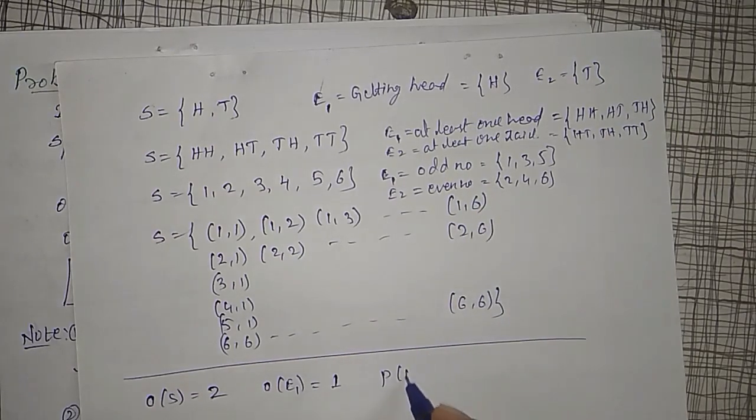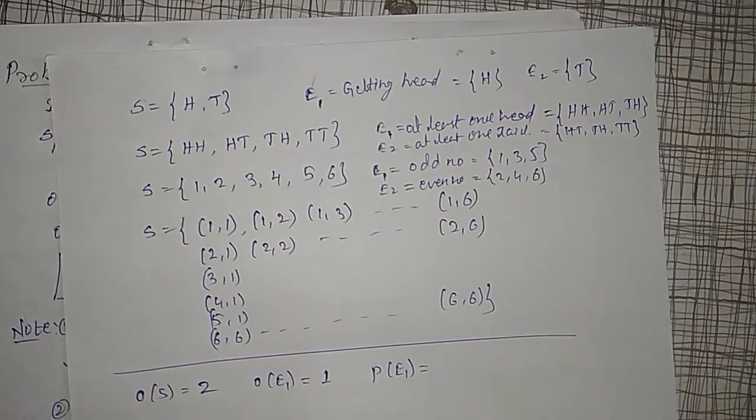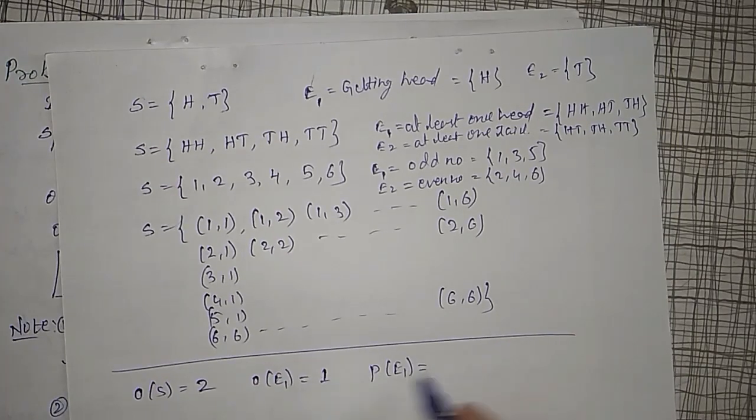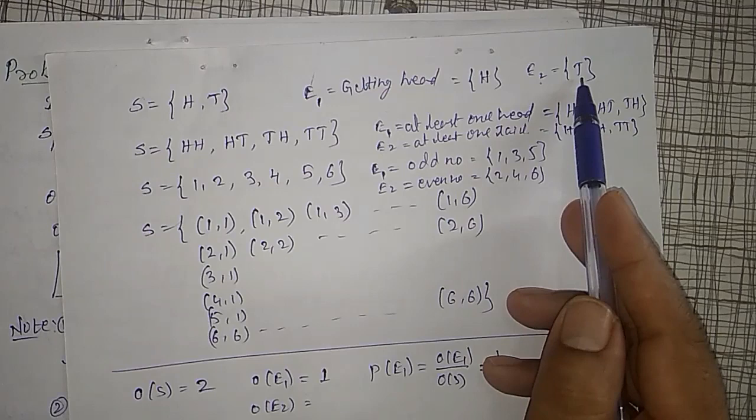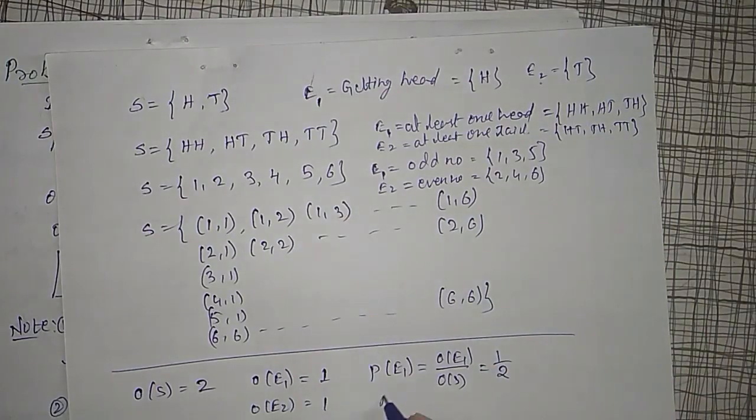Therefore probability of this E1 is equal to order of E1 divided by order of S, that is equal to 1 by 2. Similarly, order of E2 is tail, only a single way, therefore that is also 1 by 2. E2 is also 1 by 2.